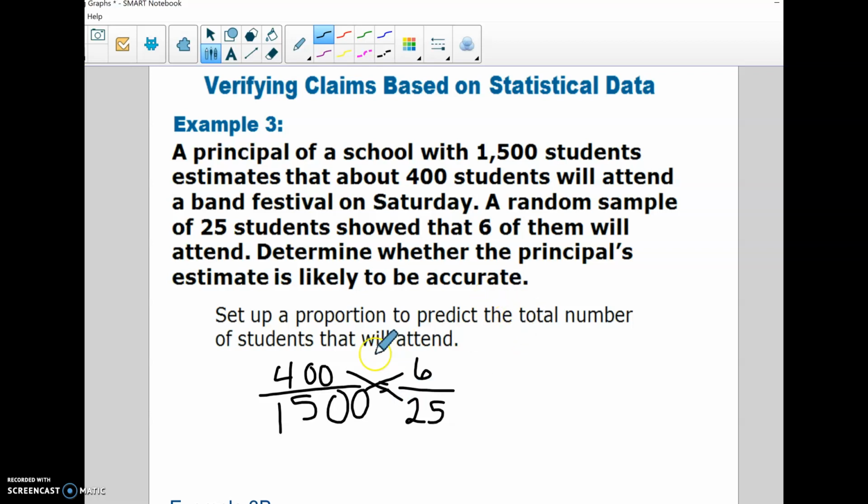So I'm going to do 400 times 25 and write down the answer. So 400 times 25 is 10,000. And then check the other cross product, 6 times 1,500, and see what that is. And that is 9,000.